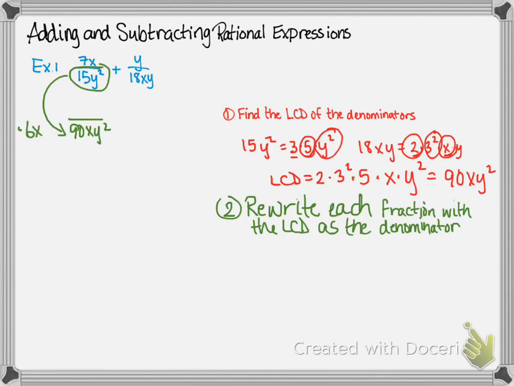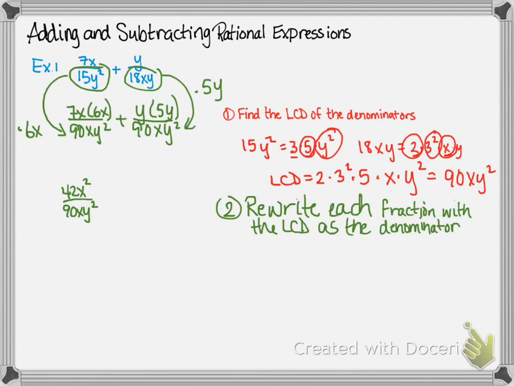I would have to multiply it by 6x. So I will multiply my old numerator 7x by that 6x. Looking at the second fraction, what do I need to multiply 18xy by to get 90xy squared? 5y. So I'm going to multiply my old numerator y by that 5y as well.